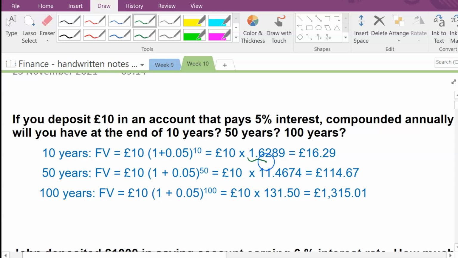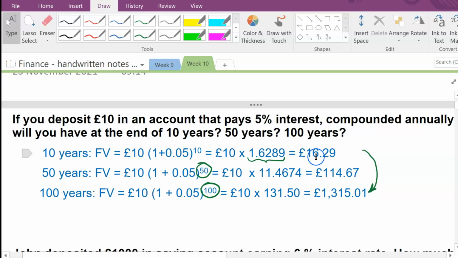The value of the compound factor will be equal to this amount, which means that in 10 years you will have £16.29. In 50 years you do the same thing, but you raise your compound factor to power 50, to power 100 for 100 years, and you will get different numbers. Apparently, the longer the time period, the higher the value of your capital will be. You will earn return on your capital for a longer period of time.